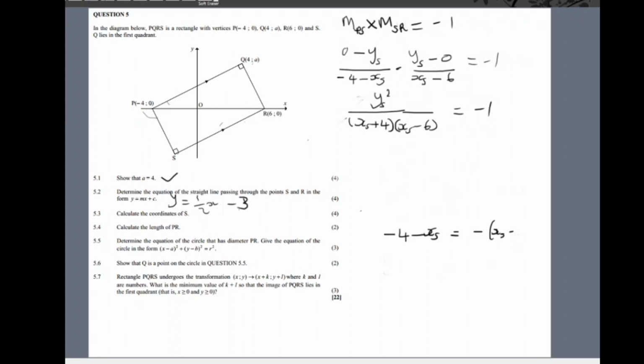Right, so y squared will be equal to minus x plus 4 times x minus 6. I'll call this equation 1.